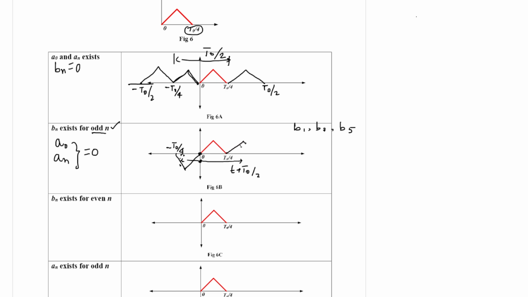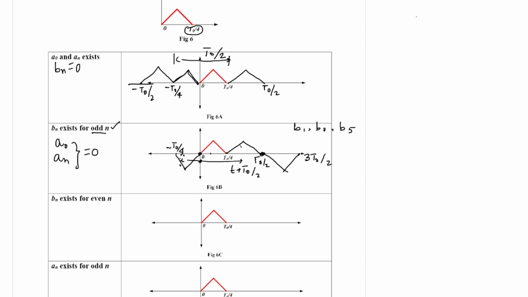So the complete waveform will be this, or it should be in this way. Both will be correct, t0 by 2 and this will be 3 t0 by 2. So this is a half wave odd symmetric.